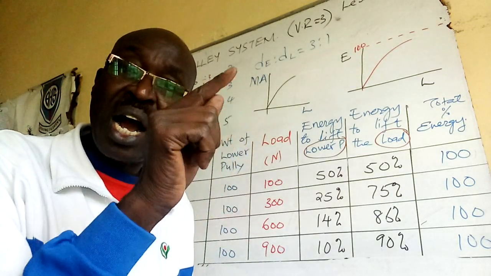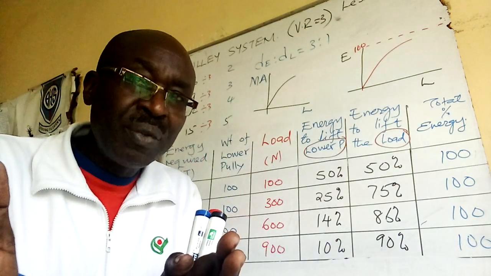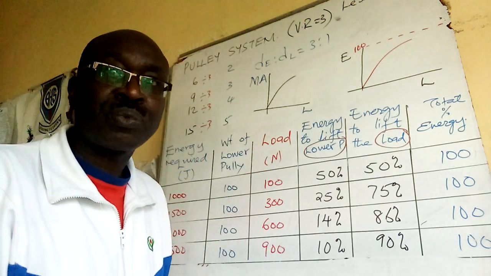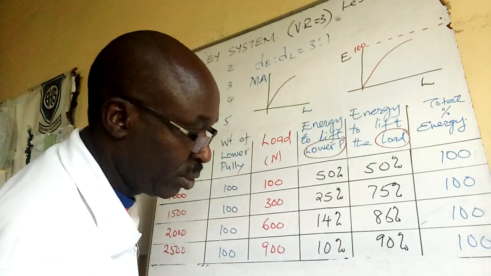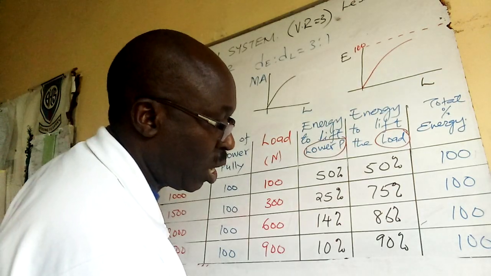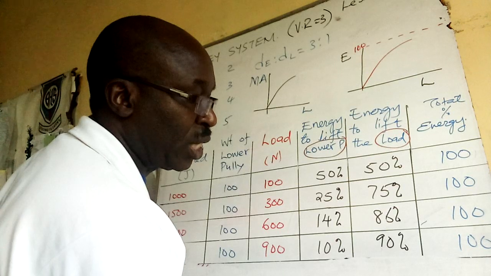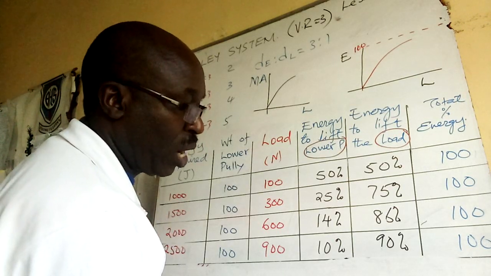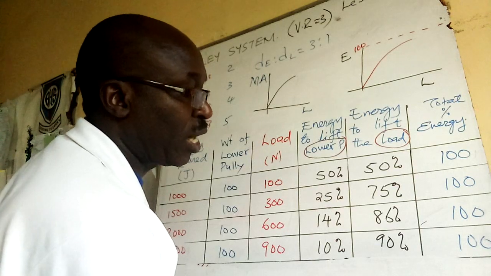Efficiency is work output over work input times 100. So do for me work output here. Work output is equal to load times distance moved by load, and the work input is effort times distance moved by effort.